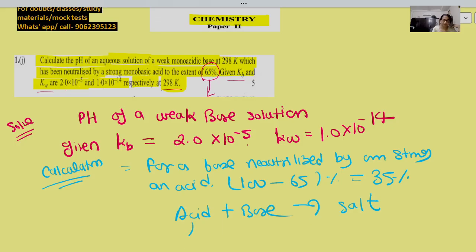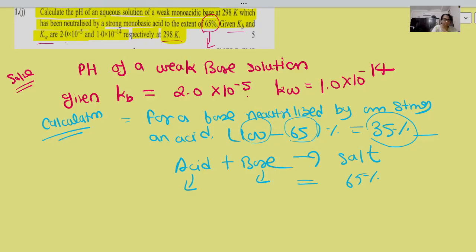In this reaction acid and base are given and a new component, 65% salt, is formed. Out of the 100, 65% neutralization is done, so 35% base is remaining in our mixture.